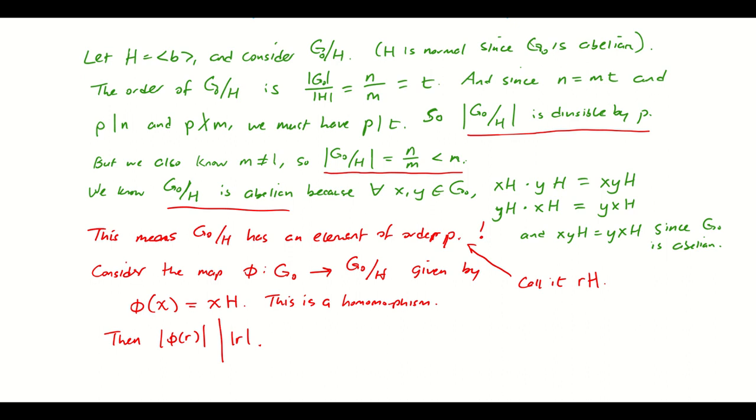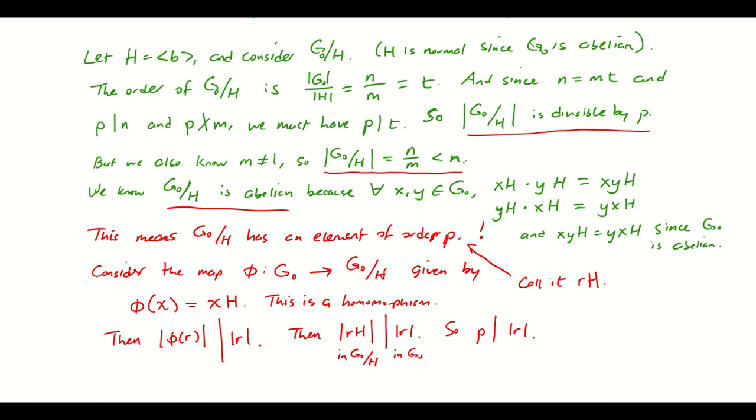Okay, so what does that mean? So then the order of RH, because that is what phi of R is. Phi of R is RH. That has to divide the order of R in G0. And the order of RH, remember, that's as an element of G0 mod H. Okay? But the order of RH, we just said, was P. So P divides the order of this element of G0.